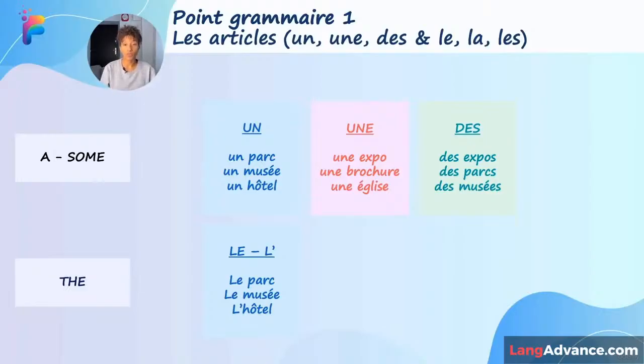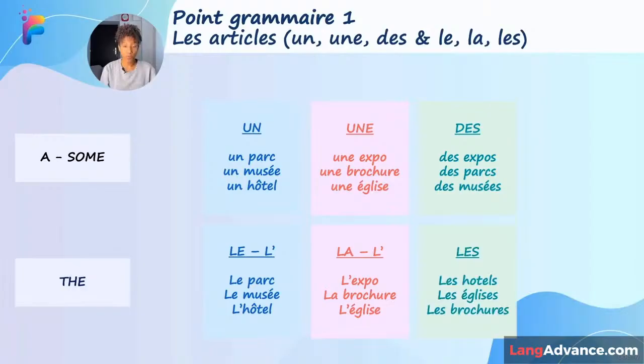L'hôtel, here you use the apostrophe because of the H. When the noun is feminine, we use la or l'apostrophe. L'expo, la brochure, l'église. And when it's plural, we use les. Les hôtels, les églises, les brochures.